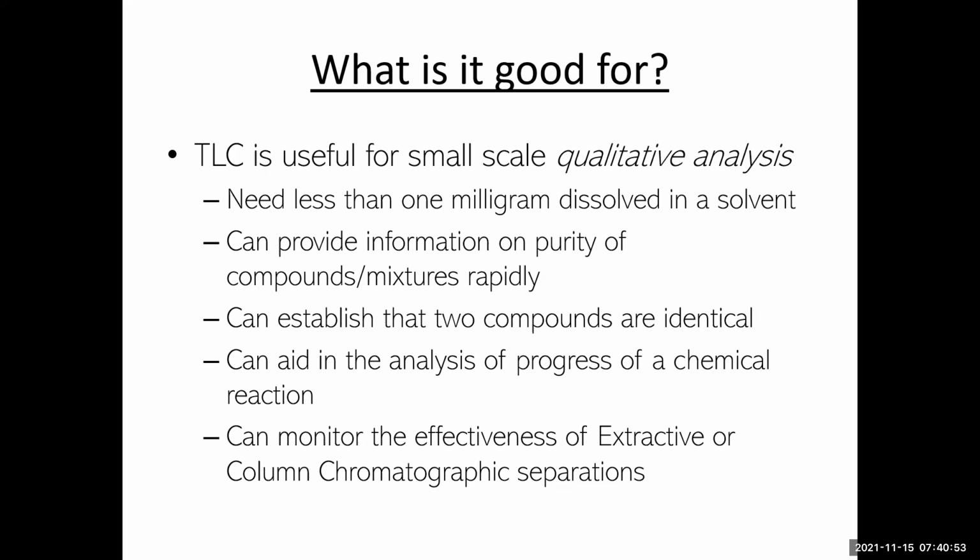So you could, for example, look and see, okay, after 10 minutes, what's the progress of this reaction? How much starting material is left, relatively speaking? Again, we don't know exact numbers. And then are we starting to see a product spot develop, right? We're looking for the disappearance of the limiting reactant spot and the appearance of a product spot, to indicate that a reaction has occurred.